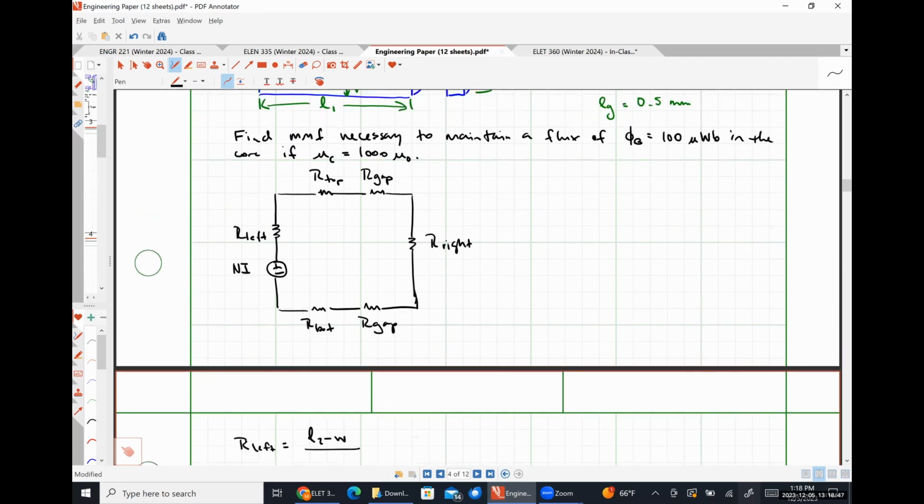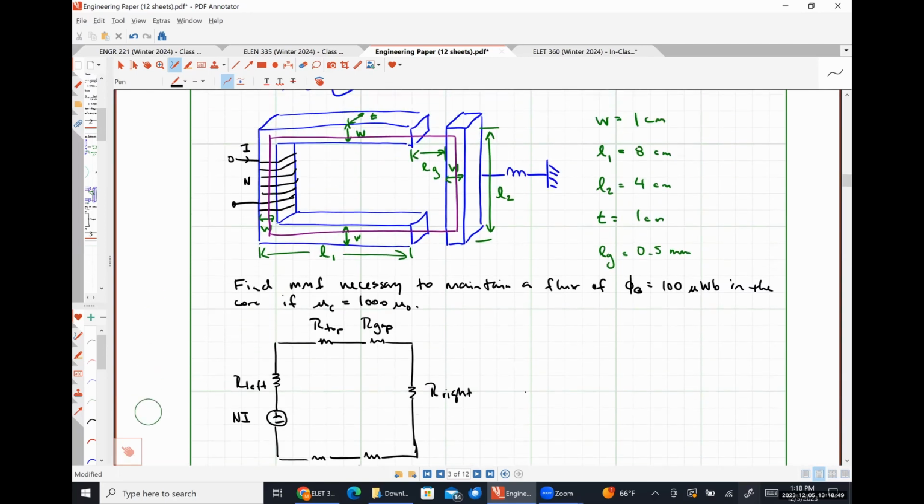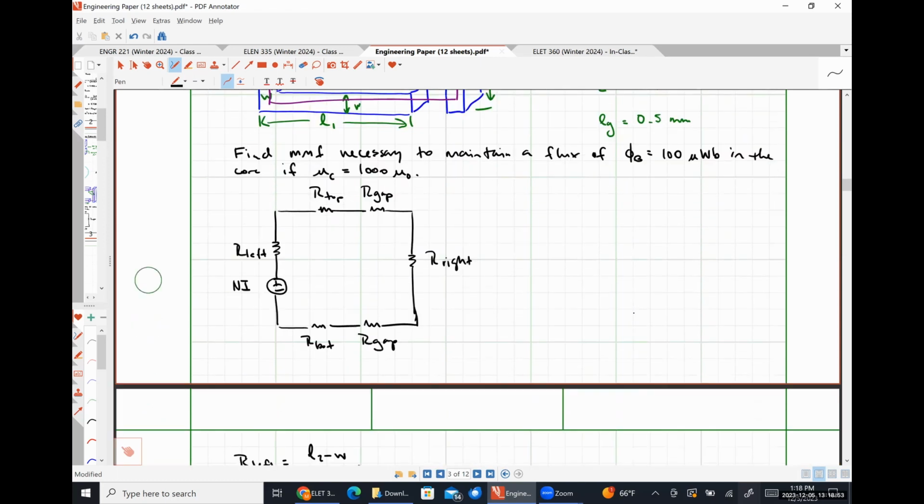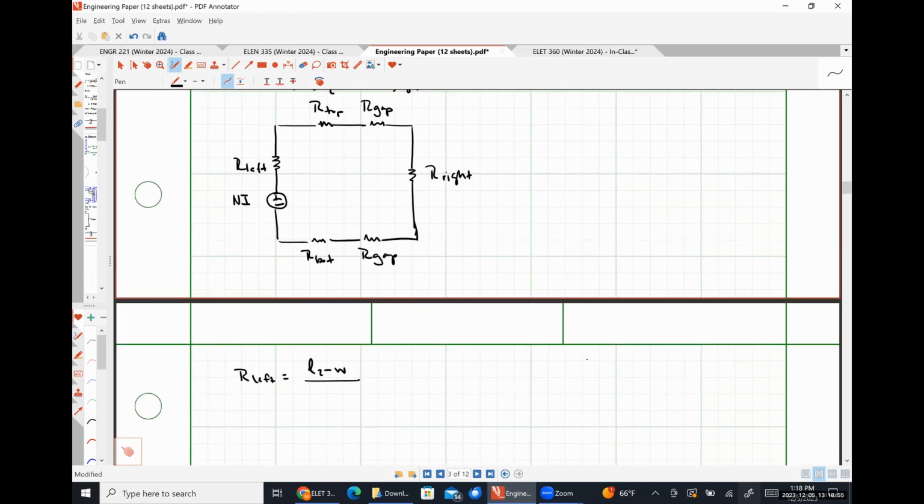What's my cross-sectional area? W times T. Absolutely right. And then because we have two different materials, I'm going to make a point to call this mu C here. Okay.